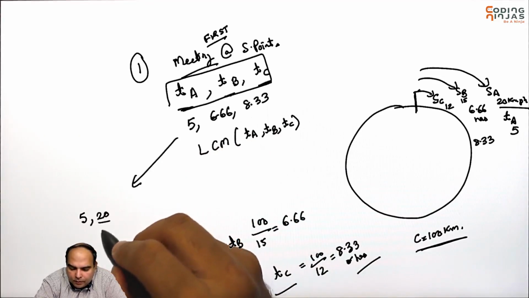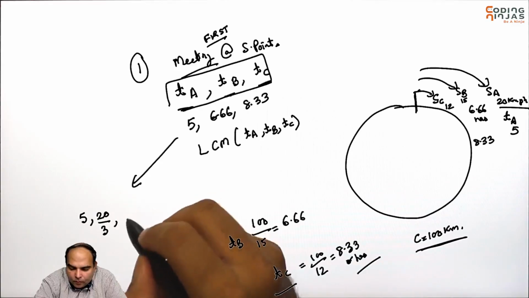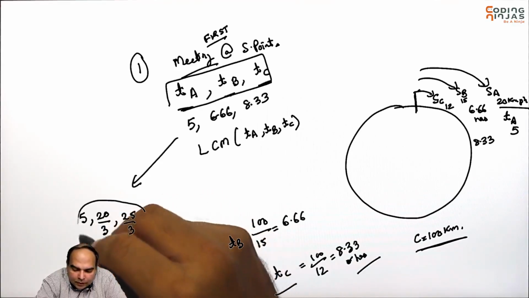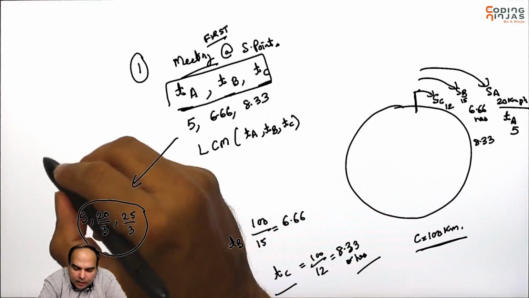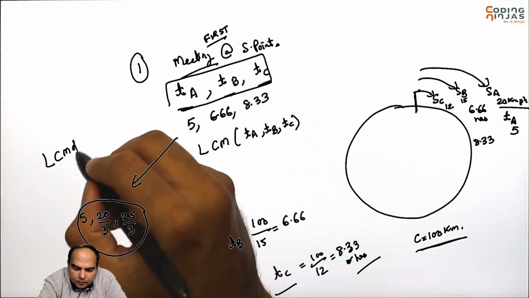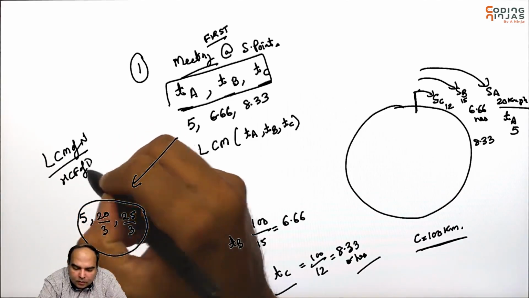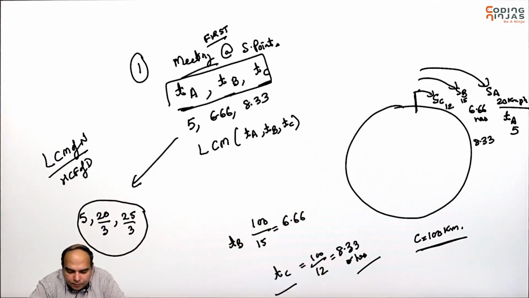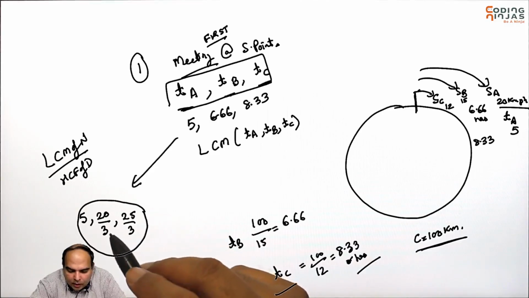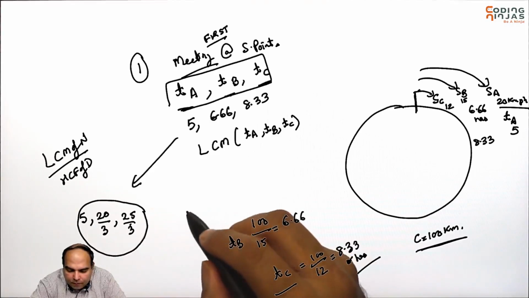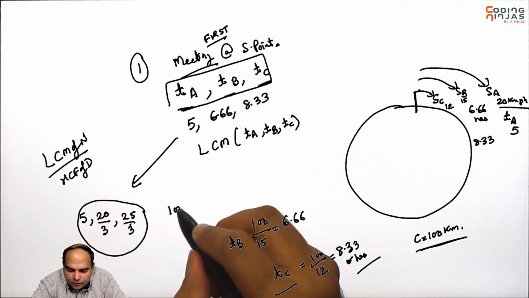These can be written as 5, 20 by 3 and 25 by 3. As you know, the LCM of fractions is the LCM of numerators divided by the HCF of denominators. The numerators are 5, 20 and 25, and their LCM is 100.